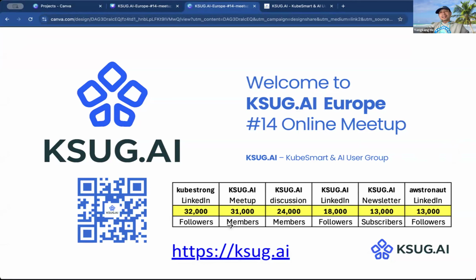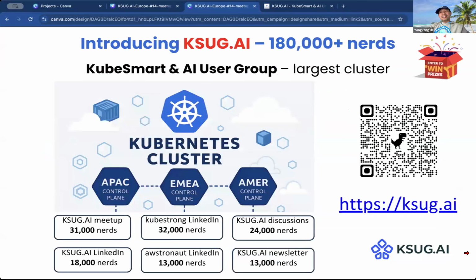Who is running the largest Kubernetes cluster in the world? I was always joking around. We are actually running the largest Kubernetes cluster in the world. The reason is we have our control plane spread across the APAC region, EMEA region, and American region. We have six of the largest node pools, node groups. Each of the groups has the largest number of nodes.